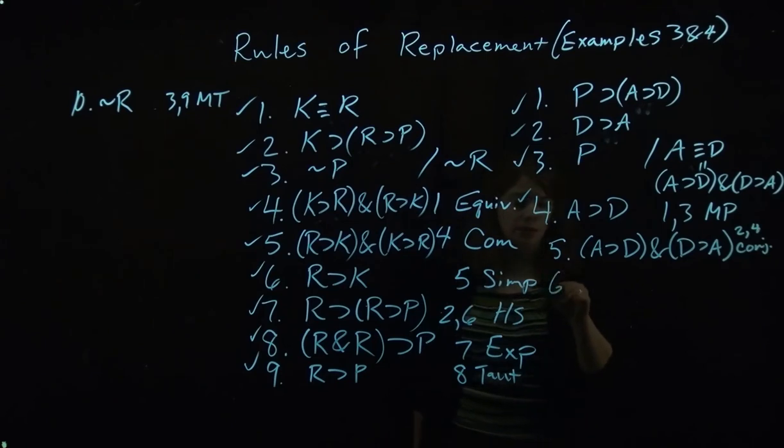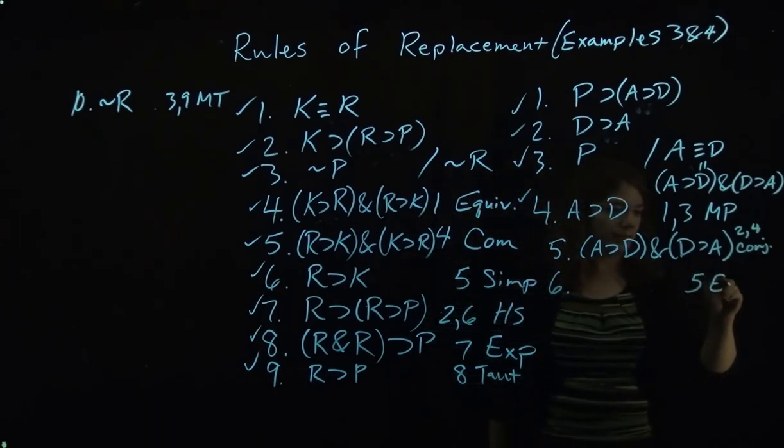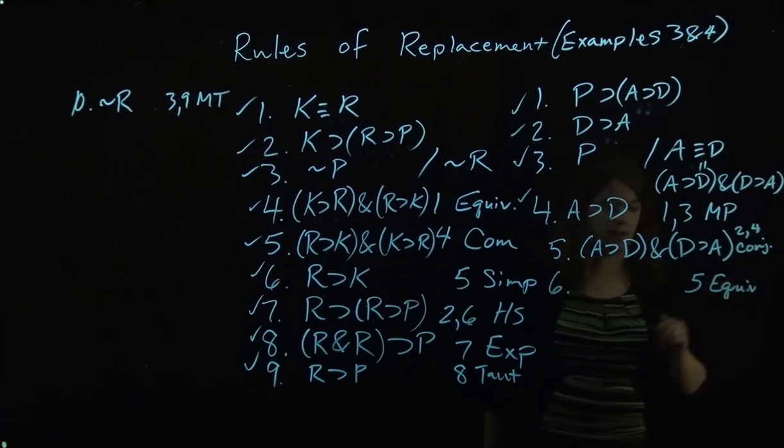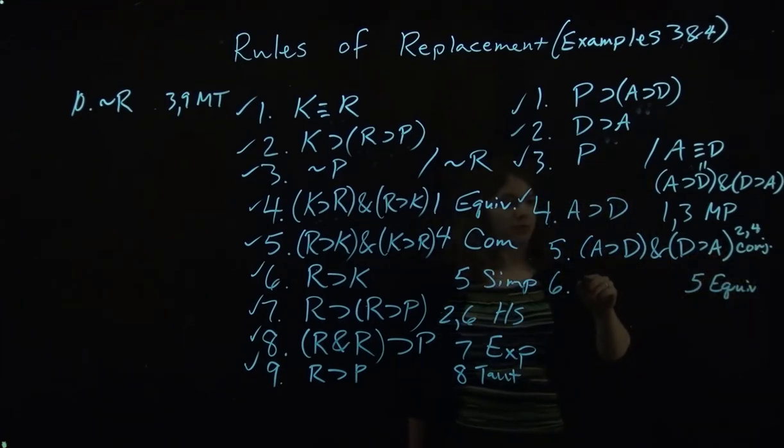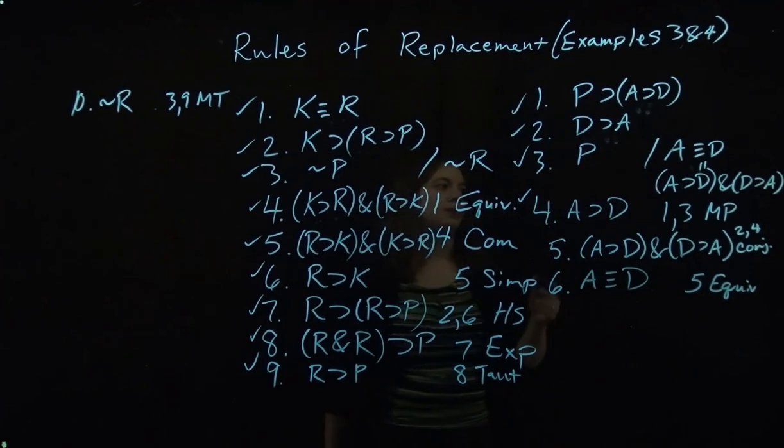And then we know, using line 5 and the rule of equivalence, that this is just equal to A tribar D. And that would be the proof for this argument.